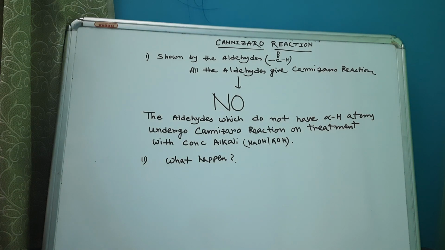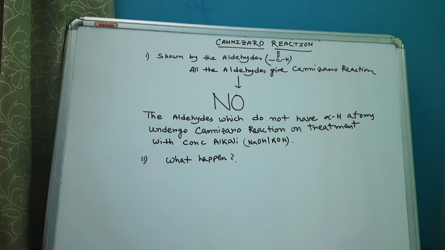The two aldehyde molecules can be of the same type or of different types. One aldehyde molecule becomes the corresponding alcohol and another becomes the corresponding carboxylic acid.